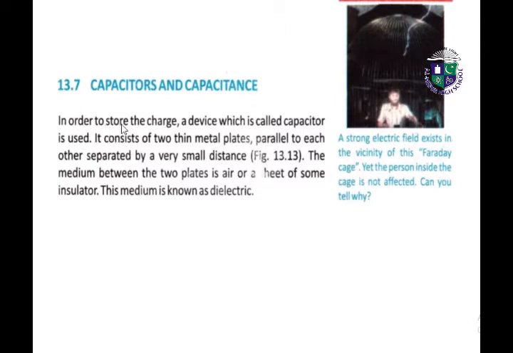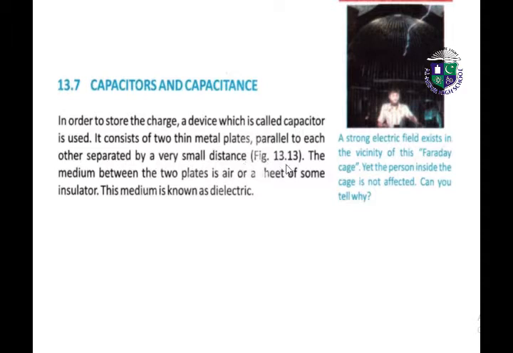In order to store the charge, a device which is called a capacitor is used. So for storing the charges, the device which we use is called the capacitor. It consists of two thin metal plates, and these plates are parallel to each other, separated by a very small distance.